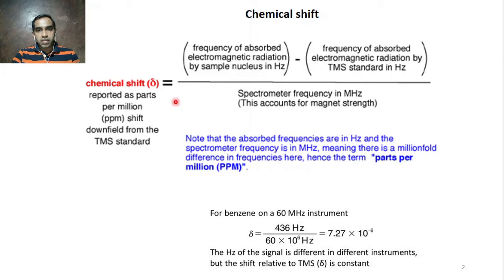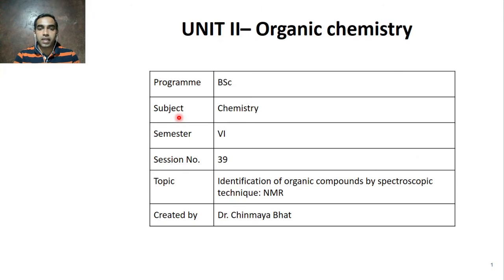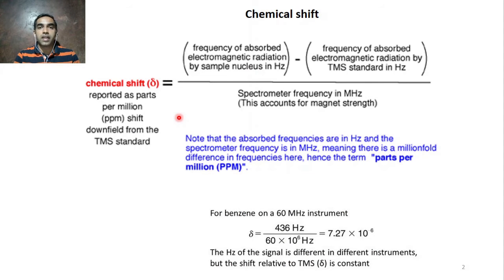Okay, chemical shift. In the last session, number 38, we have seen that there will be separation of energy levels, and the energy level separation increases with the increase in the frequency of the external magnetic field. So each one will show a different peak or signal with a different external magnetic field.